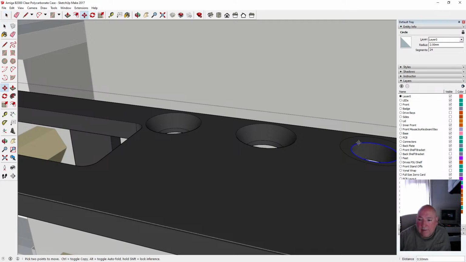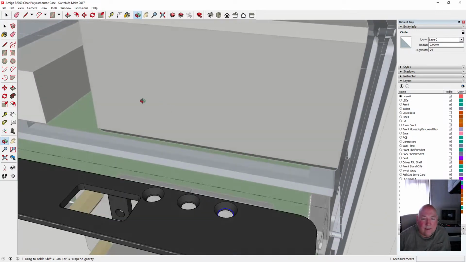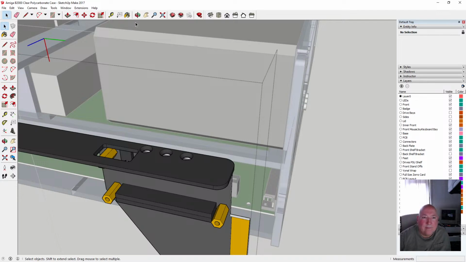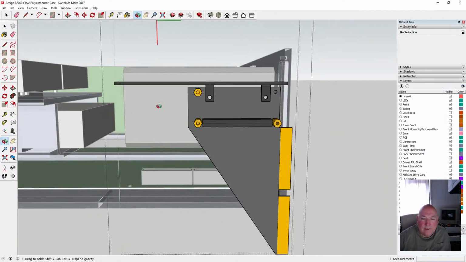Move it down, 1.5. Okay. So we've got our countersinks. The holes are better placed for the buttons. Okay, I think that's it.